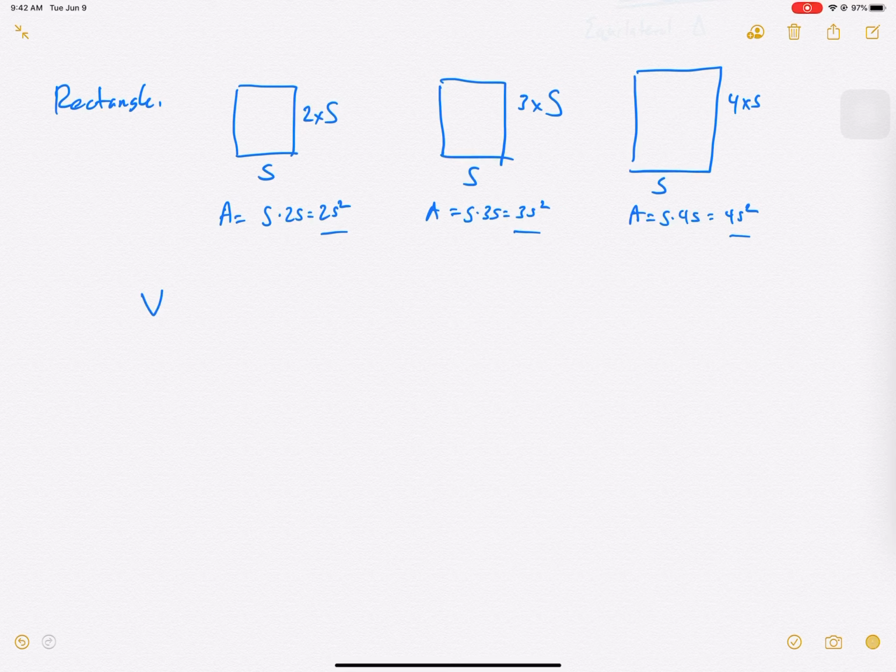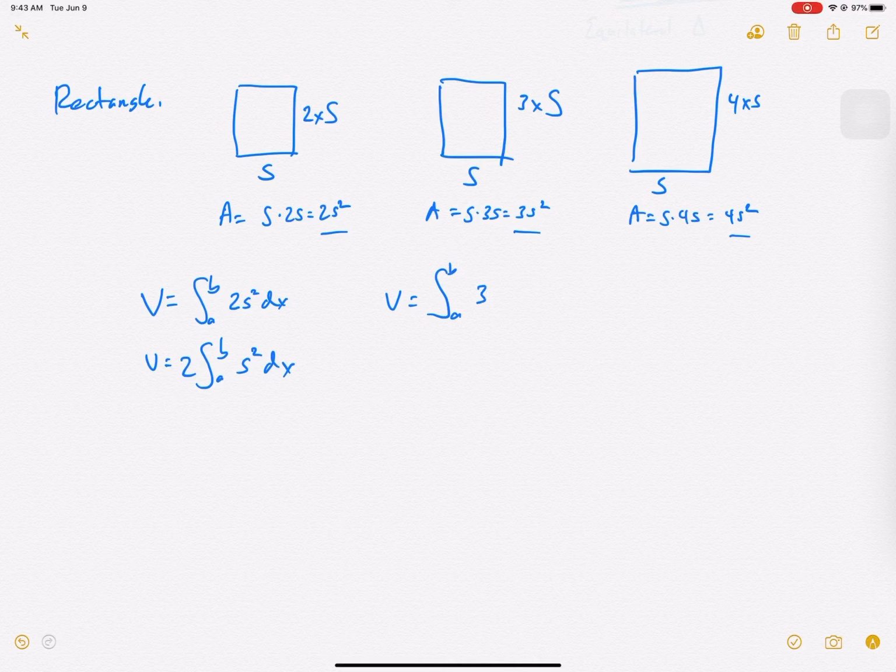To talk about volume again, we're adding up the area times a little bit of width. So that's going to be from A to B. Our area is 2s squared, multiplied by a little bit of dx. We can rewrite this with a constant on the outside. Our next problem works the same way. We're multiplying the area times a little bit of width to give a volume.